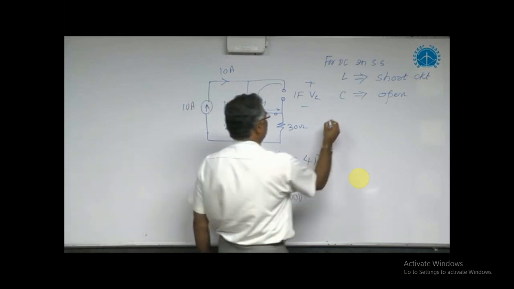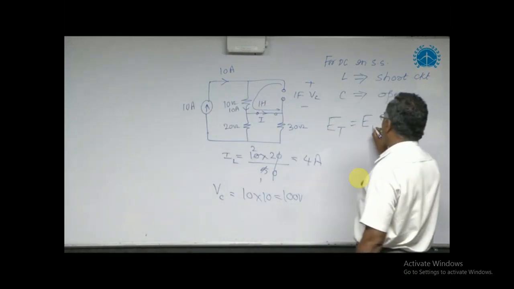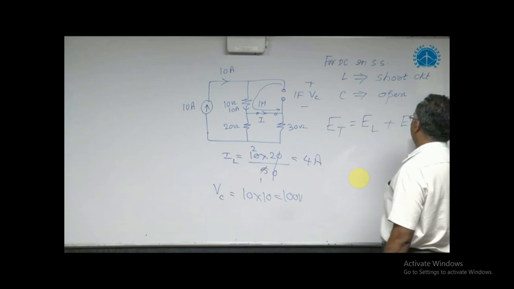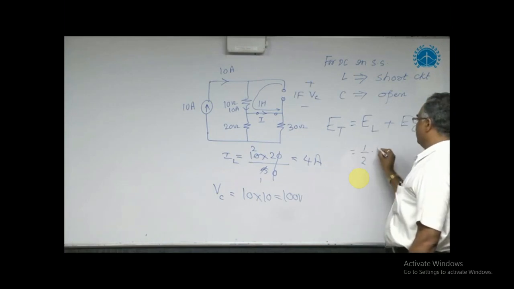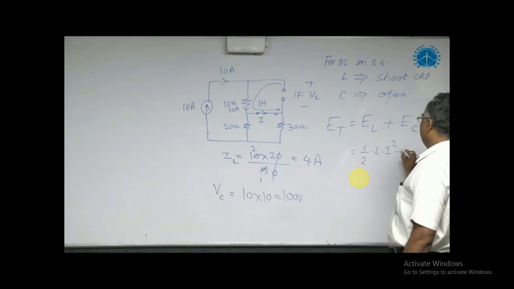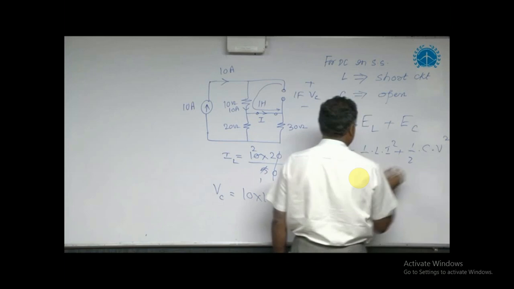Next we want total energy stored. This is equal to energy stored in inductor plus energy stored in capacitor. Energy stored is half into L into I square plus half into C into V square.